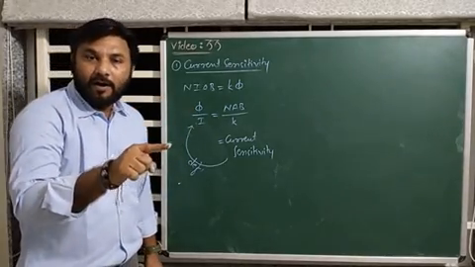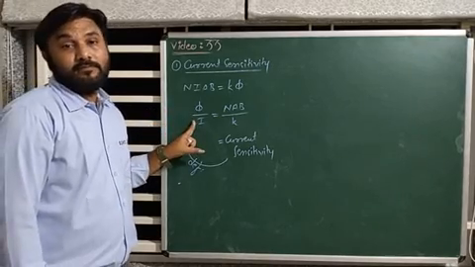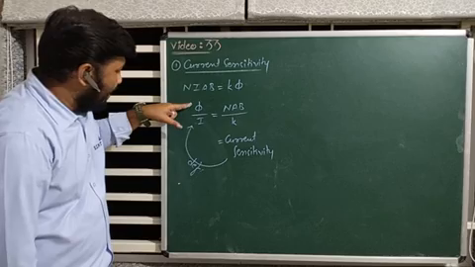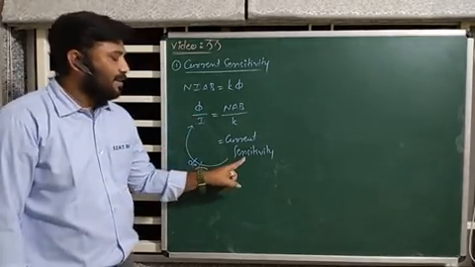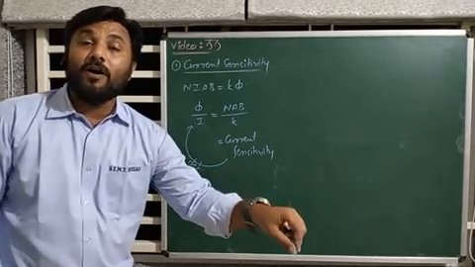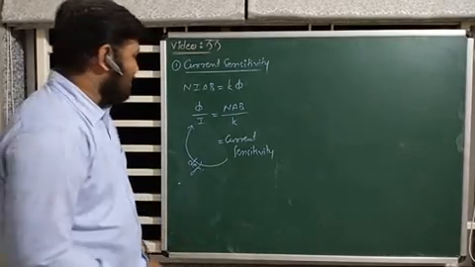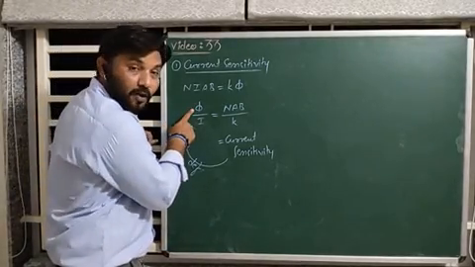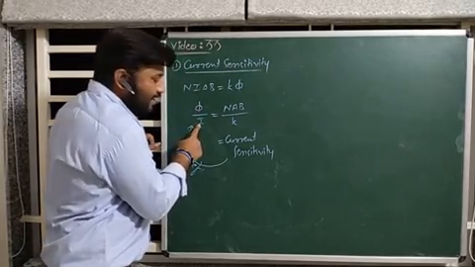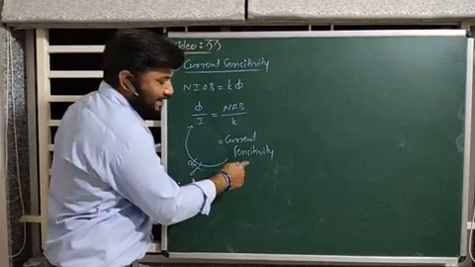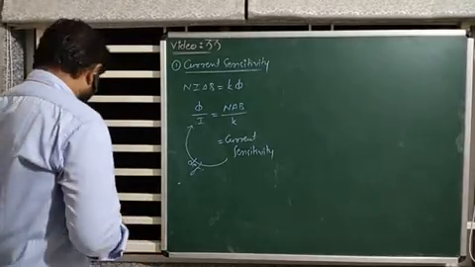Deflection of a coil or a pointer per unit electric current. Once again, the deflection of a coil per unit electric current is known as current sensitivity of a galvanometer. Clear? Okay.